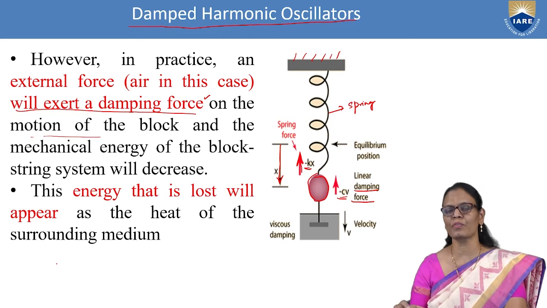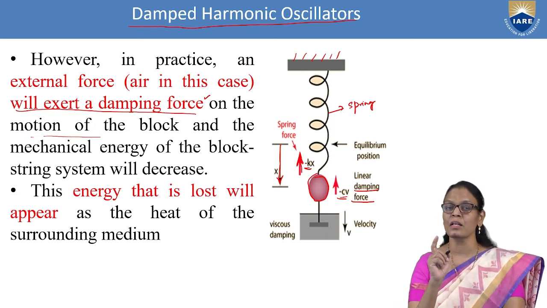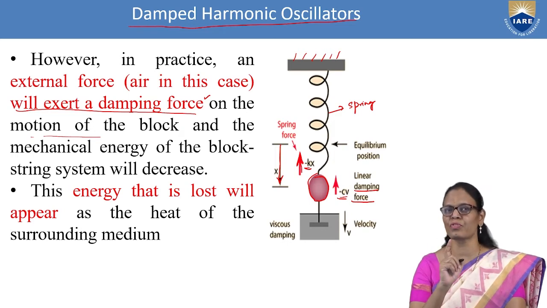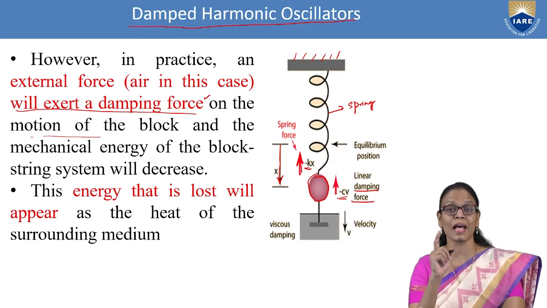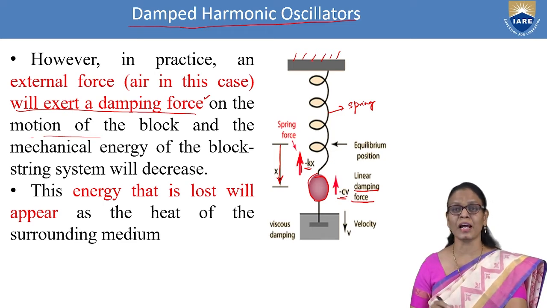So the first thing we need to understand is that whenever we are talking about an oscillator, even if it is suspended in air, there is a damping force that acts on it, in the direction opposite to the motion of the object. So while we write the expression, we also have to consider the damping force.